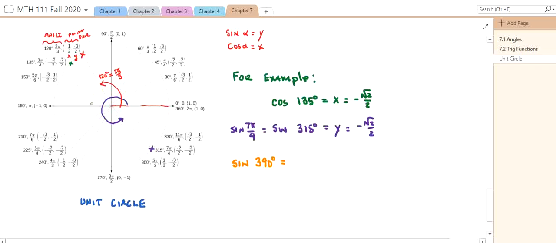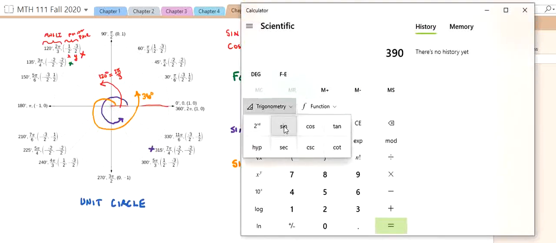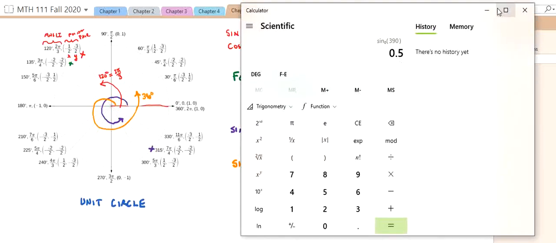Well, we spin all the way around once to 360, and then we go 30 more. So this is 390 degrees. So the sine of 390 degrees equals, again, sine always equals y, the y value, and the y value here equals 1/2. Let's check that in our calculator. I've got degrees, sine, 1/2, value 1/2.